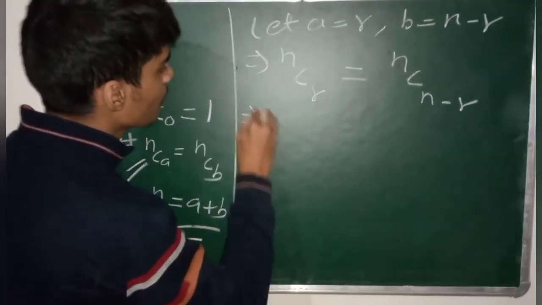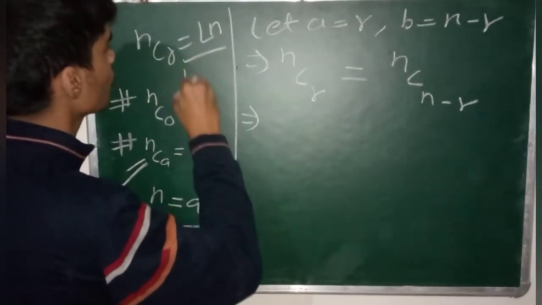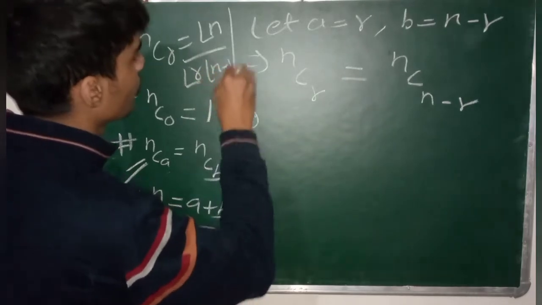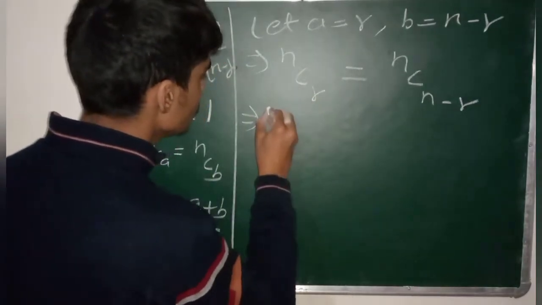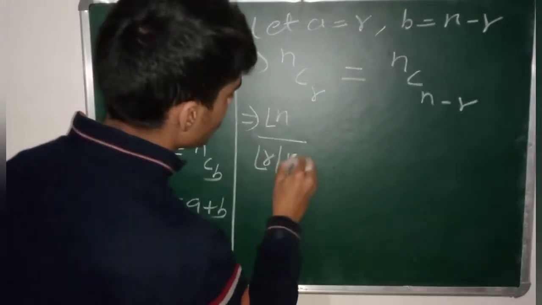Now we use the formula for nCr, that is equal to factorial n divided by factorial r factorial n minus r. So we write this as factorial n divided by factorial r factorial n minus r.